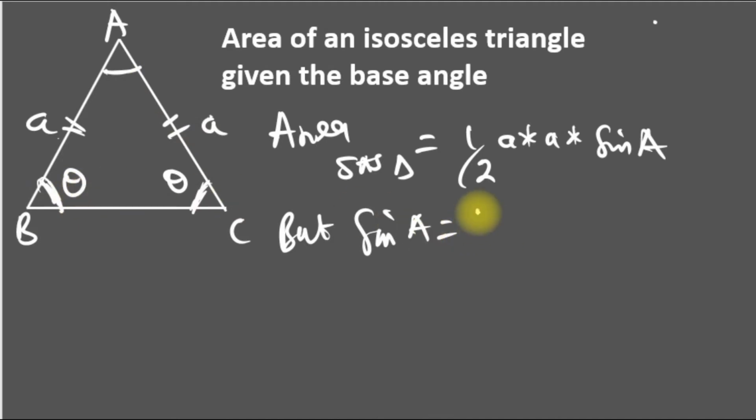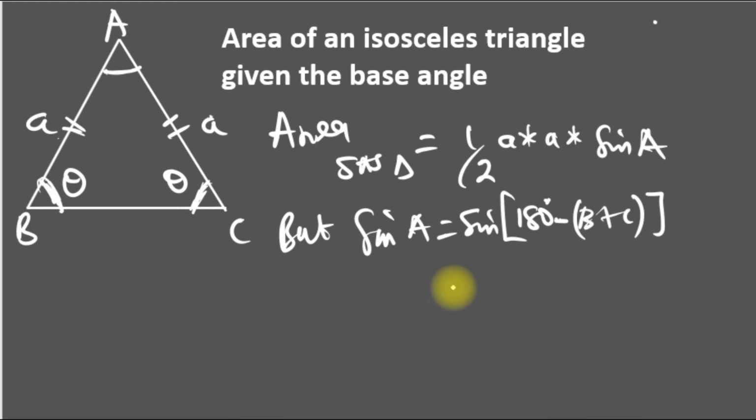So A is the same thing as 180 minus (B plus C). Yes, because it's a triangle. If you add these interior angles, it will always give me 180. So to get A, subtract the sum of B and C from 180.